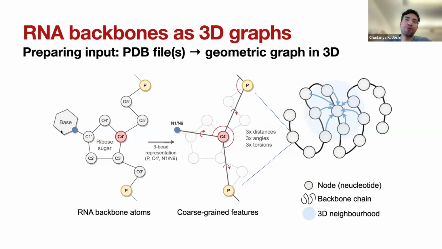The task is to predict the identity of the base, which we would like to design. So essentially, given this 3D graph stripped of the identities of the bases, you want to predict the base for each node.